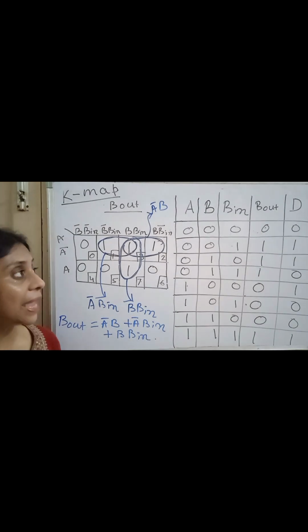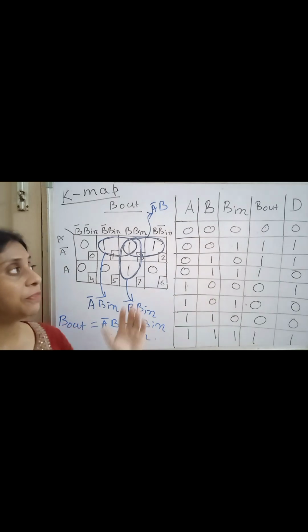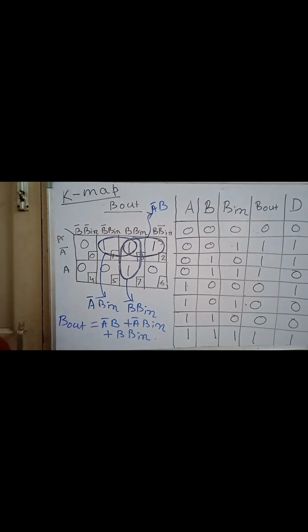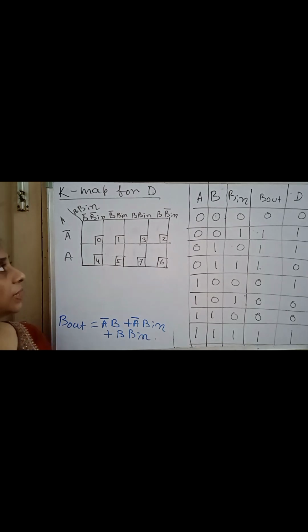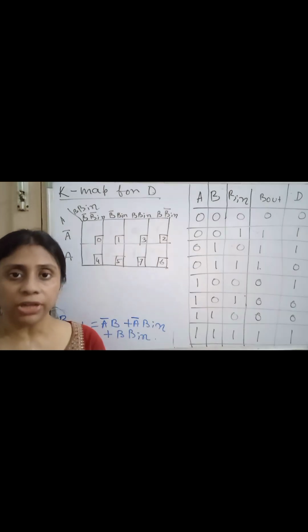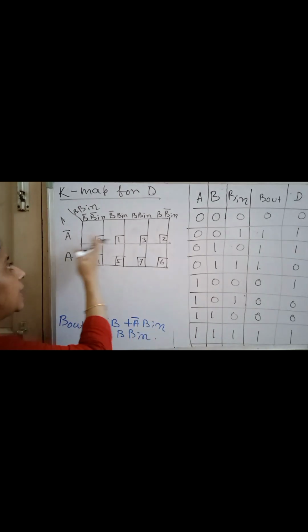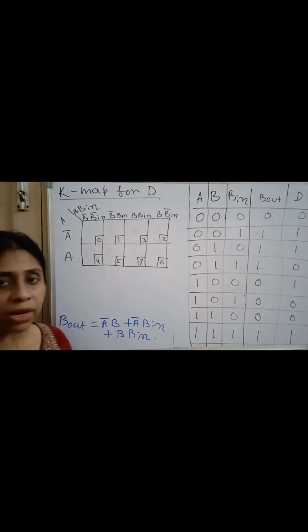Now, we will do the Kmap for difference and we will find out the output expression for difference. Right? Now, see, we will do the Kmap for D, the difference. The same way we have done the Kmap for 3 variables. And what are the input variables? A, B, B in. We have put A in rows, B in columns.